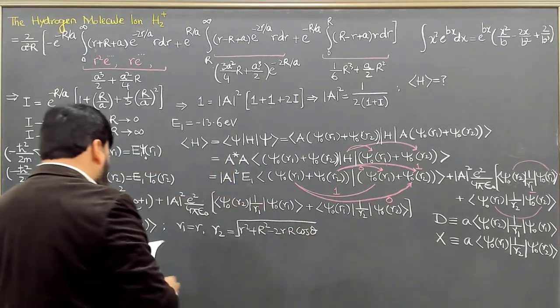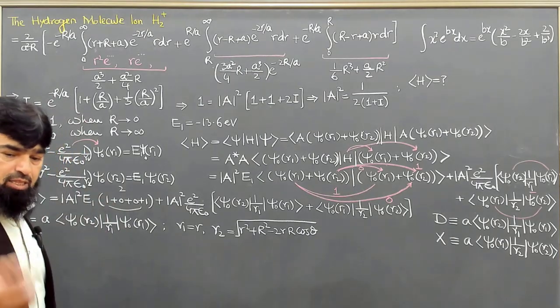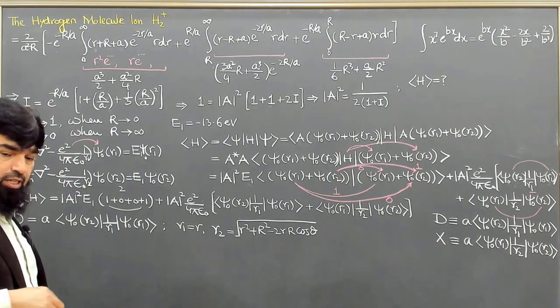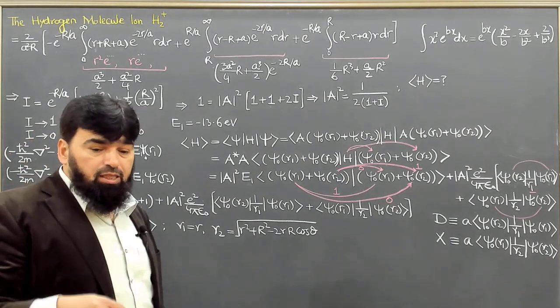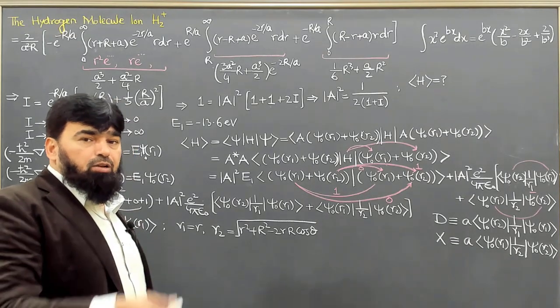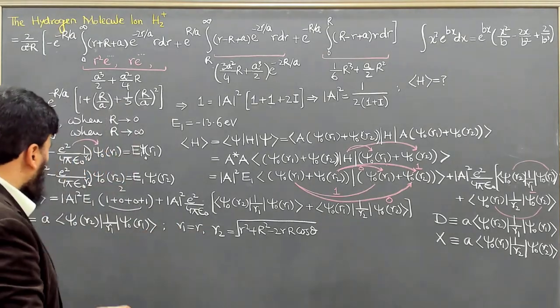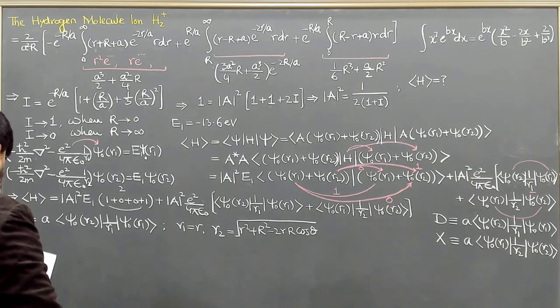So again with the same geometry, the sine theta d theta will come in the r integral. We will solve the sine theta d theta integral first, and then put that integral back into the r integral, and solve this.